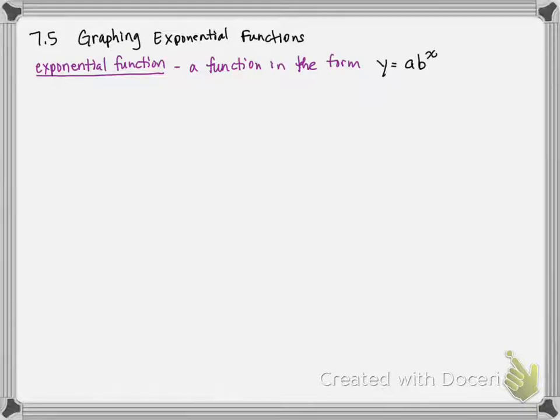Okay, so for a, we have some stipulations. A can't equal 0. If it equals 0, then we get y equals 0, which means we get a horizontal line where y is, and that's not going to be an exponential function. And then we've got our b value. We've got two stipulations about him. First, it needs to be positive, so it's got to be greater than 0.